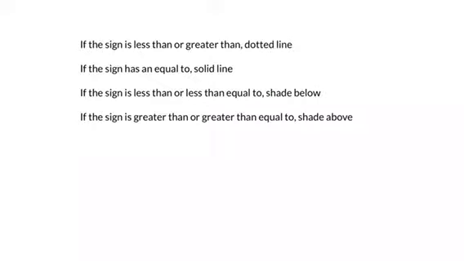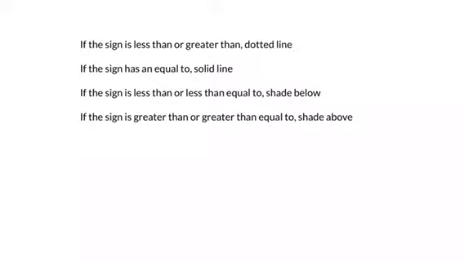If your sign is a less than or a greater than sign, we're going to have a dotted line, because that means the ordered pairs that cross that line are not part of your answer. But if it has an equal to sign, if it's less than or equal to or greater than or equal to, we're going to have a solid line, because the ordered pairs on that line are part of your answer then.